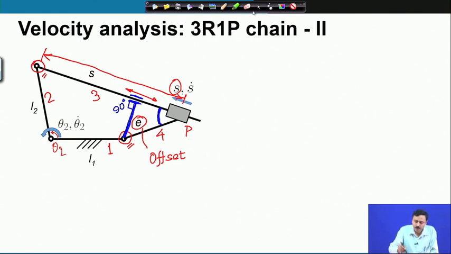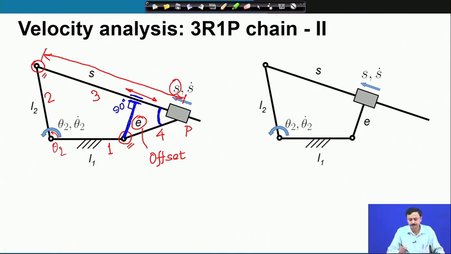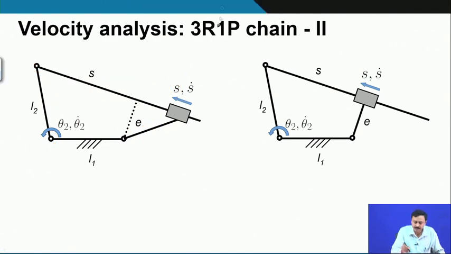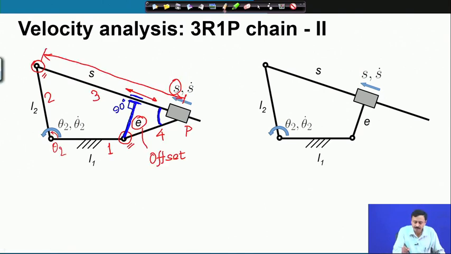Therefore, what we are going to do is replace this by the equivalent kinematic chain as shown on the right. These two are absolutely equivalent, and we redefine S as this distance.